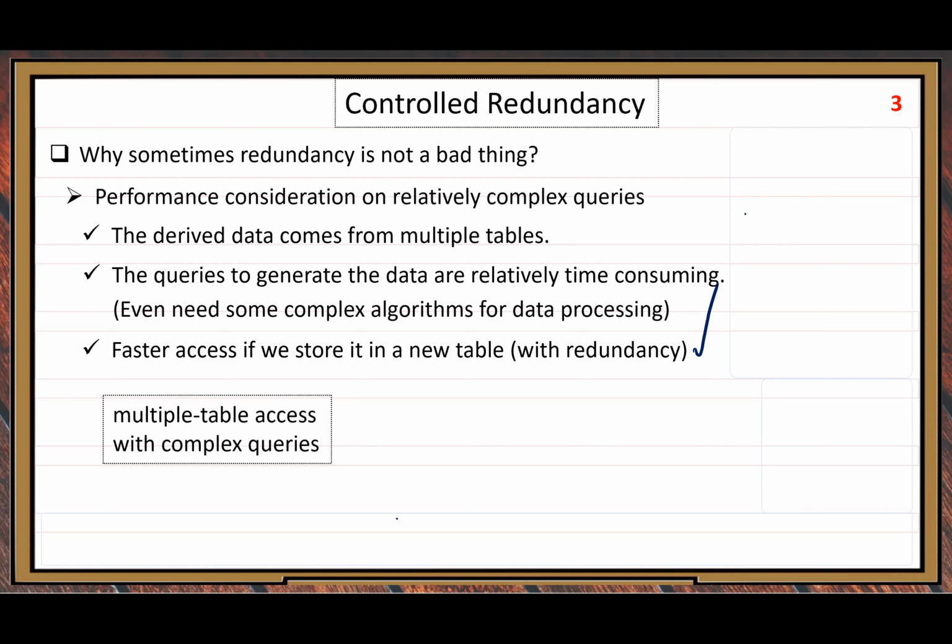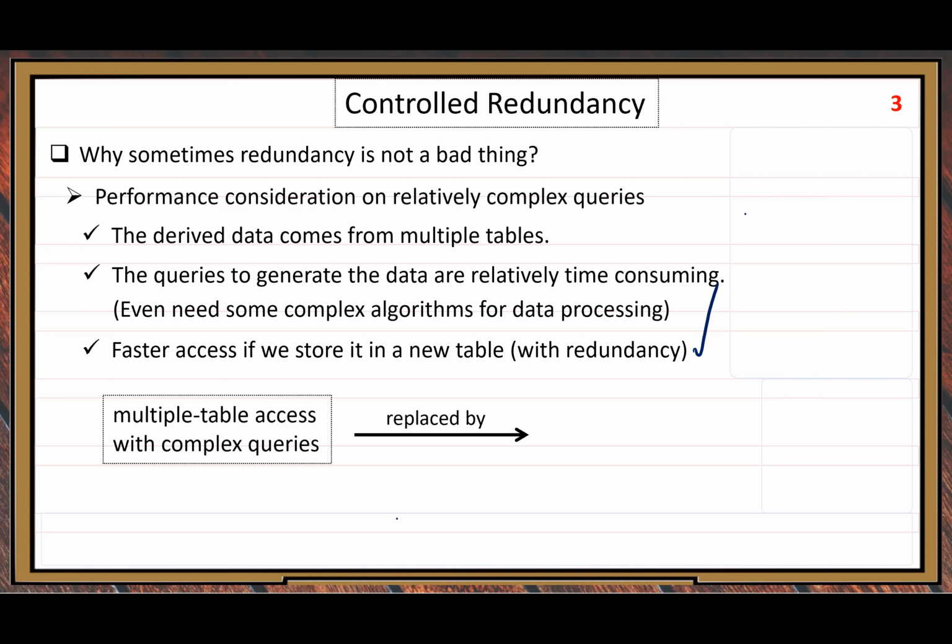But when you do that, you spend a lot of time, and the derived data is very important, very critical to your business. So then you want to store the derived data.